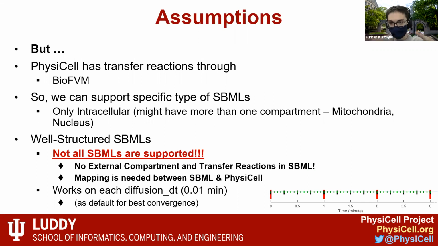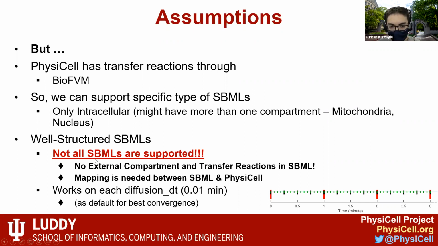So therefore, there is a kind of contradiction here. What we decided is that the SBMLs used in PhysiCell should have only intracellular compartments. They can have more than one compartment, like mitochondria or nucleus, but they shouldn't have extracellular, because we are making transfer reactions with BioFVM.